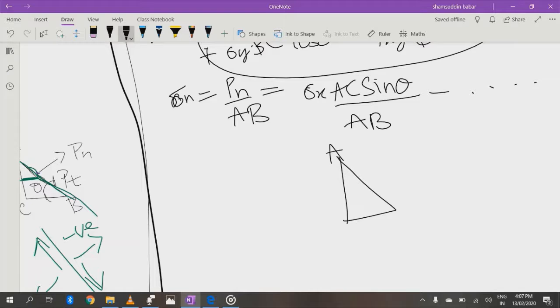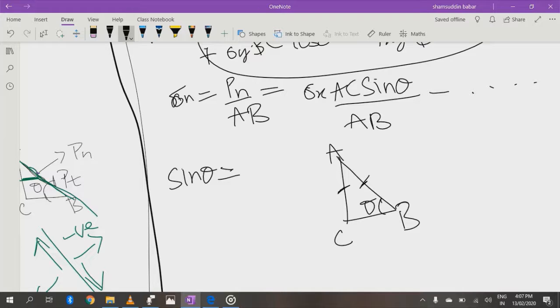This is A, B, and this is C, and this is theta. Now I will replace AB.